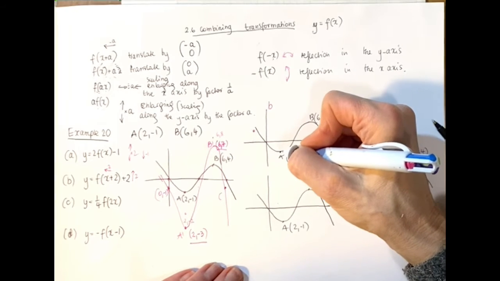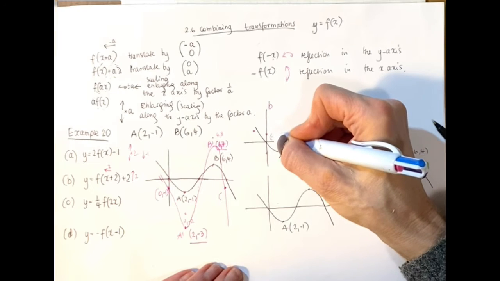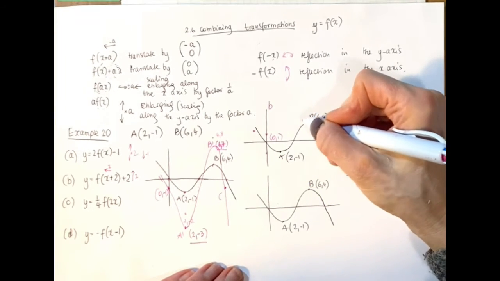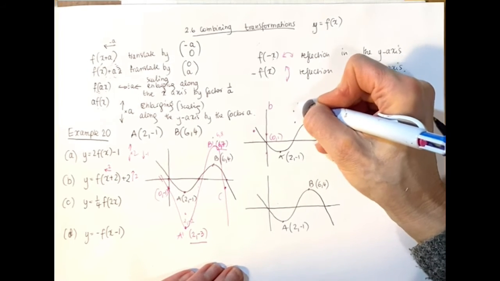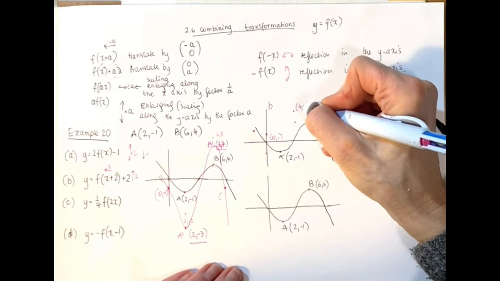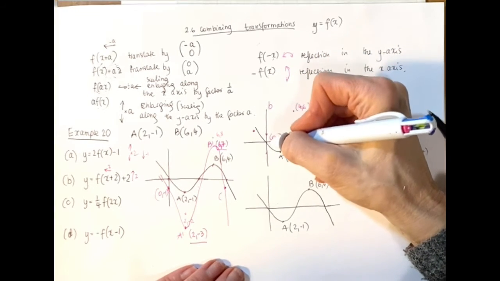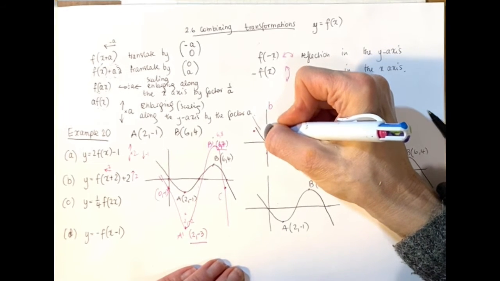This one from minus 2 will go onto the y-axis. 2 up will go to 0, 1. And this one, 2 across, will go to 4, and 2 up will go to 6. So 4, 6. And we need to draw the graph like this one here. Maybe this one will go a little bit higher. There you go.